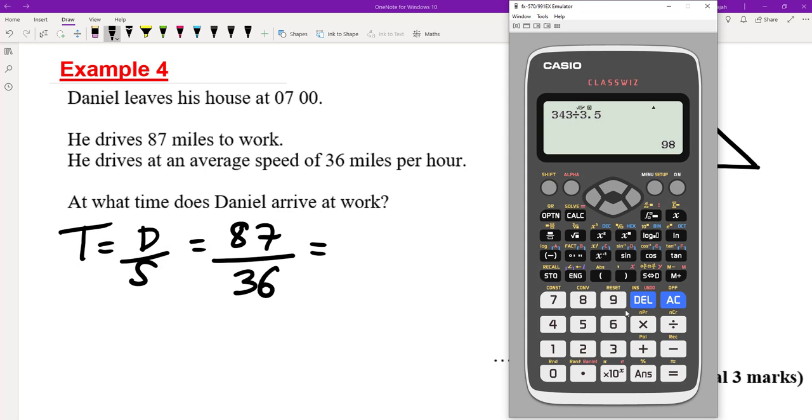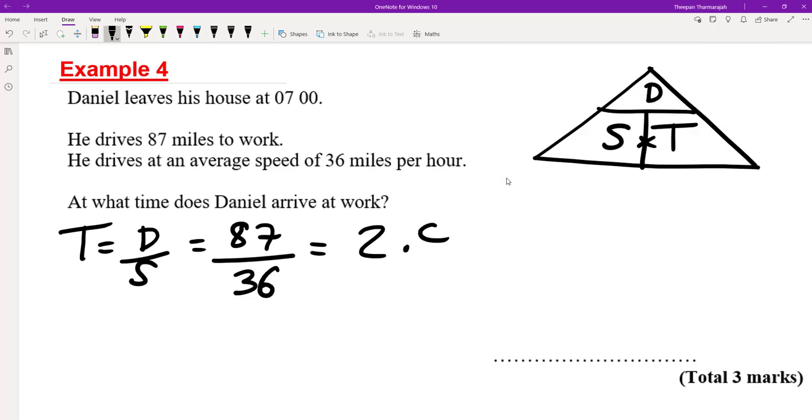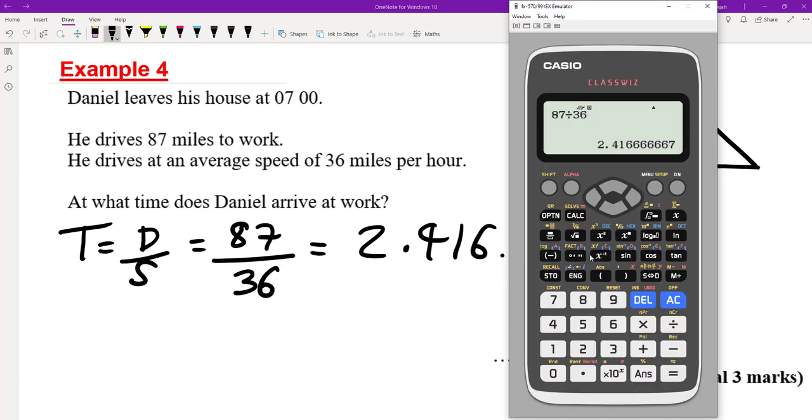So we can work this out here. So just do 87 divided by 36, which gives me 2.416 and so on. But this is a problem. It's hard to read that in terms of hours. We have a special button on the calculator that has a 0 and some speech marks on it.